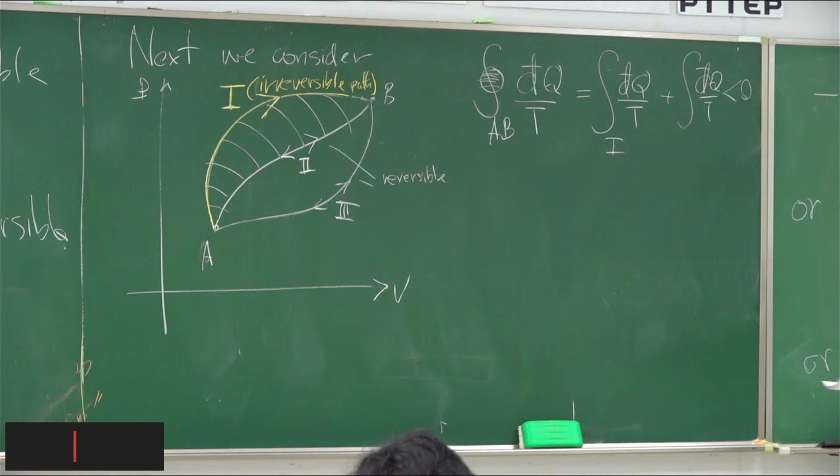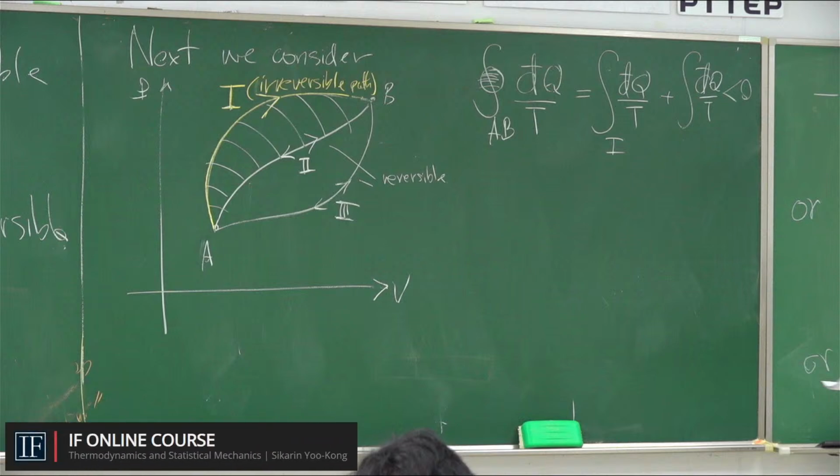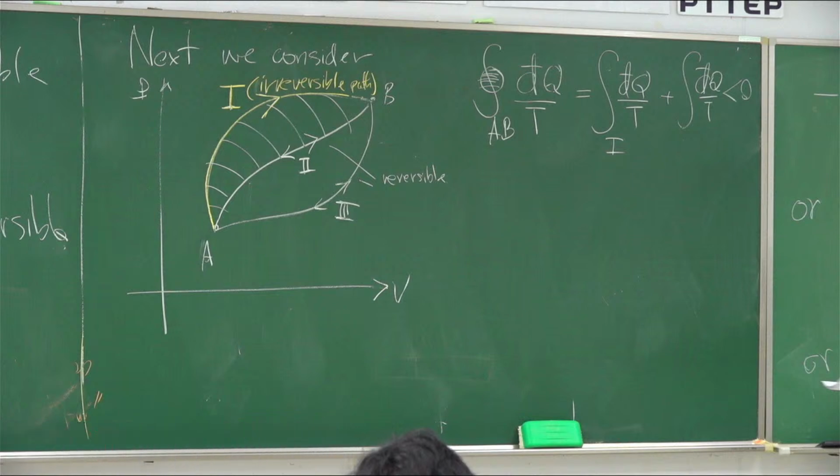I mean, the change of entropy of the system would be less than 0, right? But you say, oh, this is in conflict with the second law of thermodynamics. Conflict with the second law? That is the question. The answer, no, right?